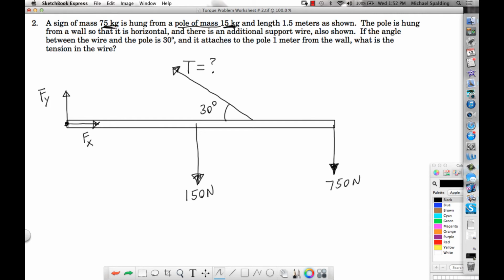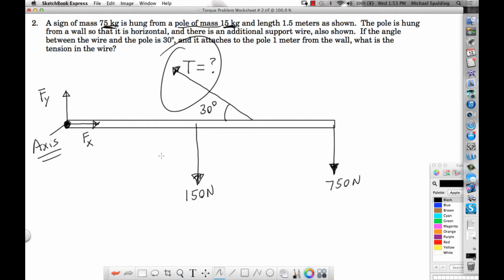But what we're going to do is put the axis over here, and that way Fx and Fy won't matter, because forces on the axis cause no torque. Okay, dudes, there's one thing that makes this problem tricky. Which force is it?